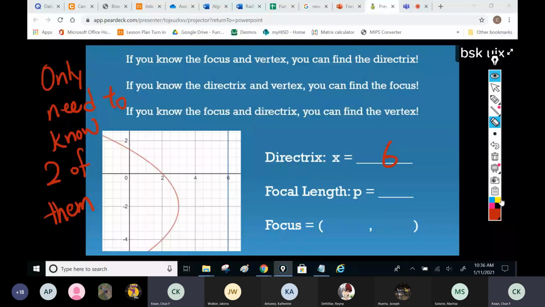And then the focal length. Focal length is from here to right here. This is the focal length. So that means it goes from 3 to 6. That means p equals 3.